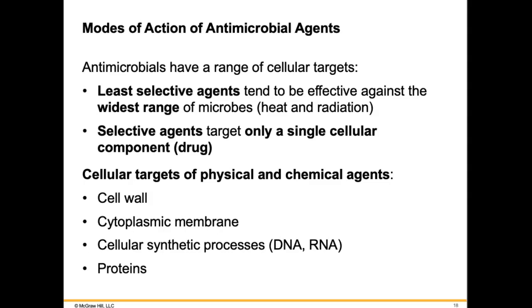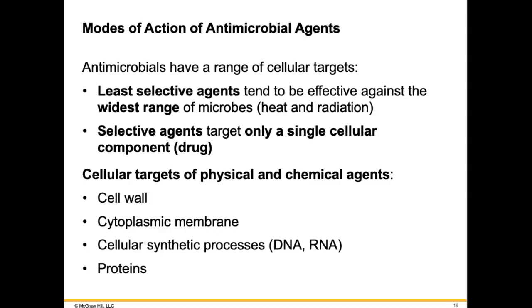So antimicrobials have a range of cellular targets. The least selective agents tend to be effective against a wide range of microbes. If it's not very selective, it's like a great big broad spectrum type of thing, then it's going to be effective on a lot of different microbes. Examples would be heat and radiation.